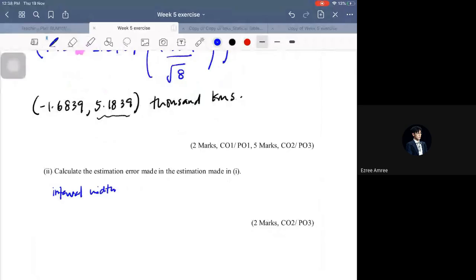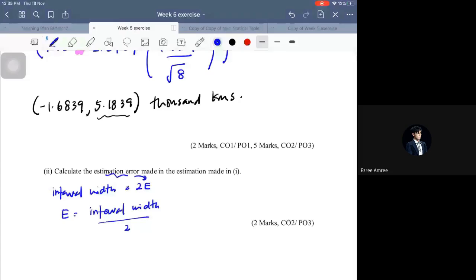The width of the interval is actually 2 times E, where E stands for the estimation error. So the estimation error is the width divided by 2. If you come across a question in the test that asks you to find the estimation error, this is how it's done: the error equals the interval width divided by 2.